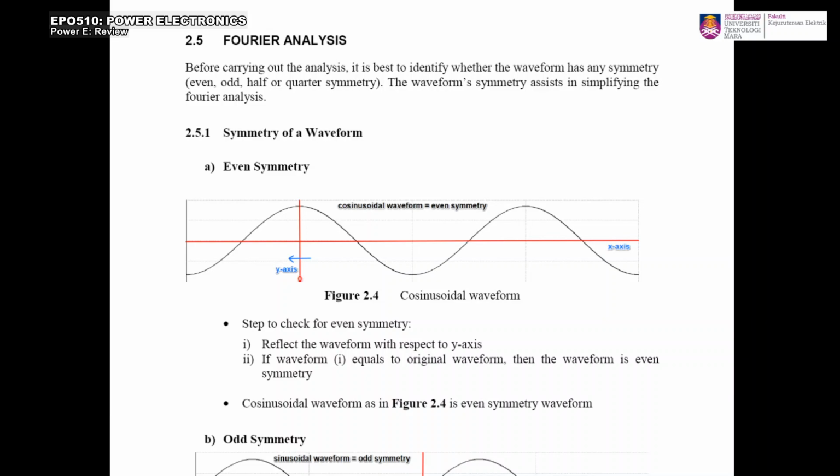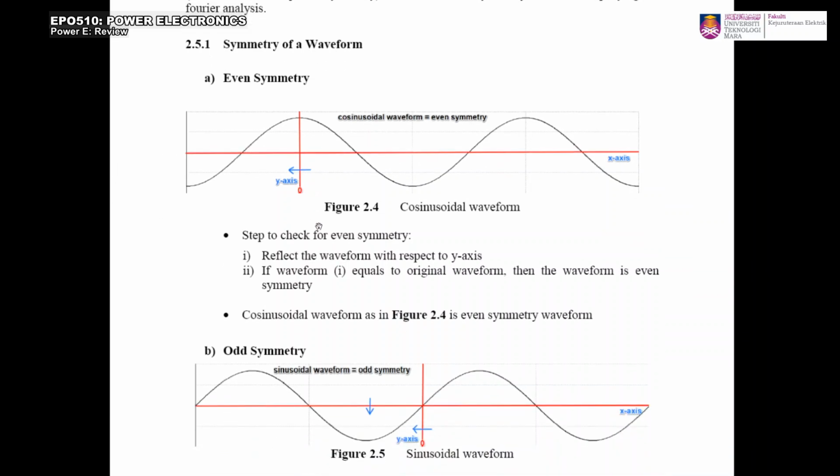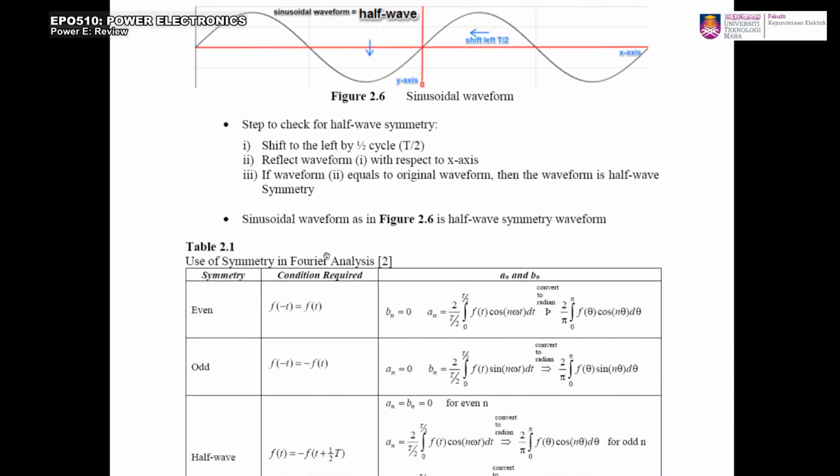Therefore, if you know the symmetry of the waveform, you can use its properties, whereby sometimes you don't have to find the an, sometimes you don't have to find the bn, and you can also have other properties, for example n is odd, n is even, and that will simplify your analysis. So go through again, refresh yourself on the Fourier analysis.